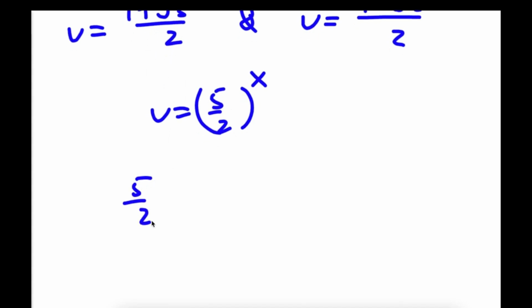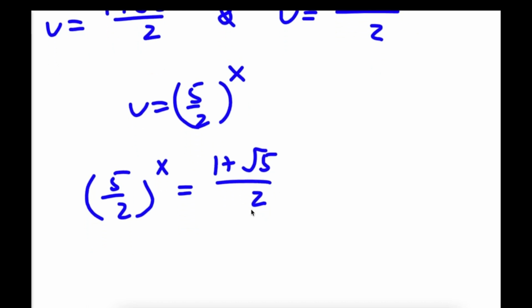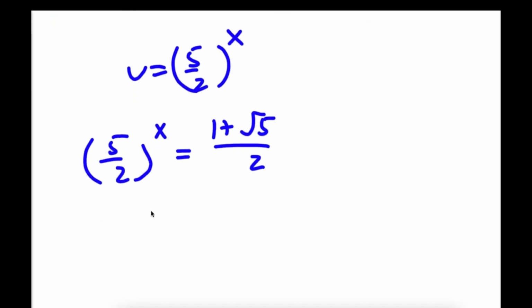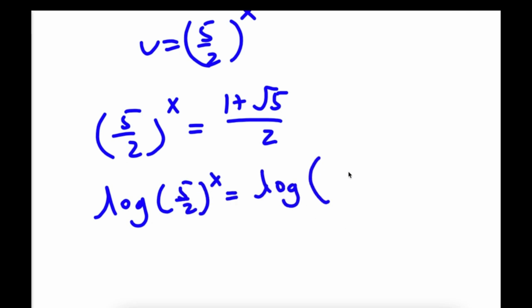So now I get (5/2)^x is equal to (1 plus the square root of 5) over 2. Now I can take the log on both sides, so I have log of (5/2)^x is equal to log of (1 plus the square root of 5) over 2.